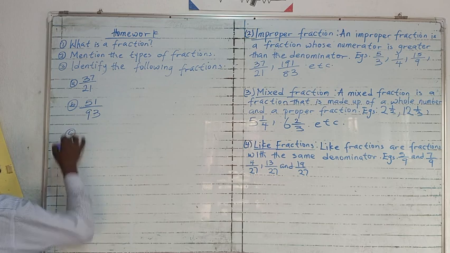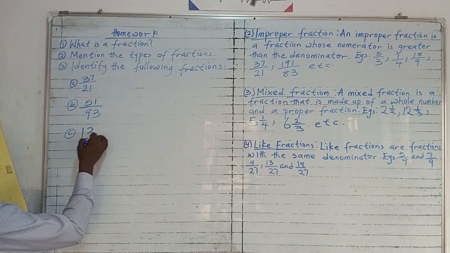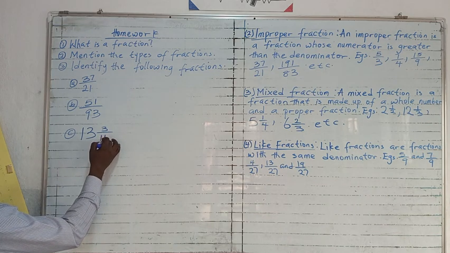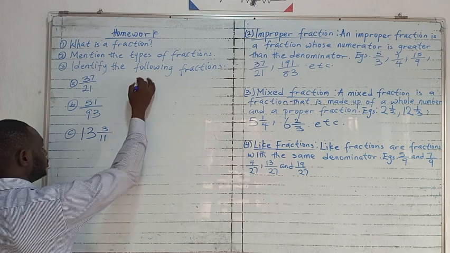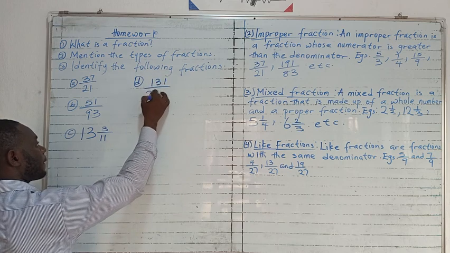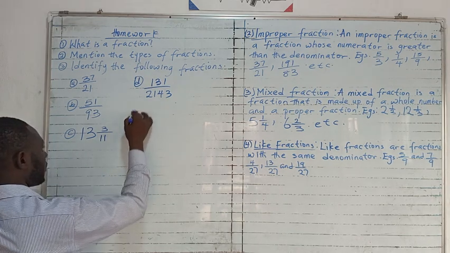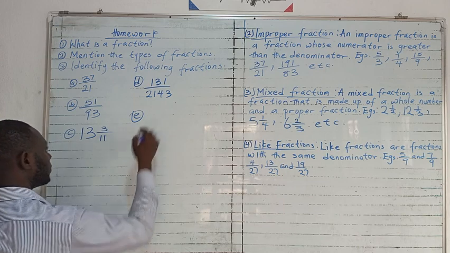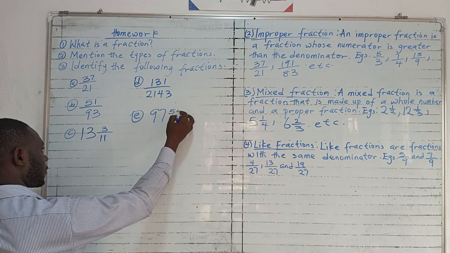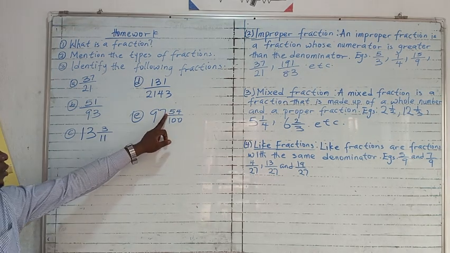C, 13 whole number 3 over 11. D, 97 whole number 54 over 100.